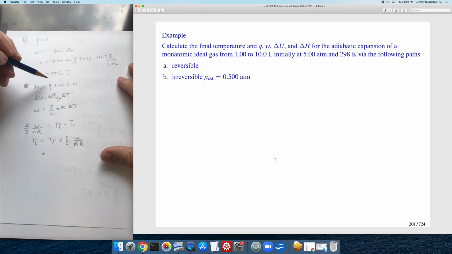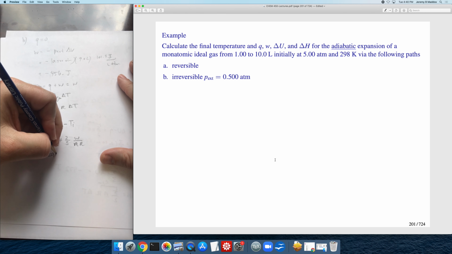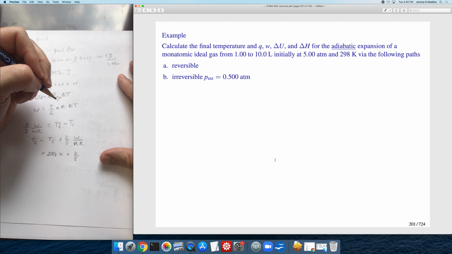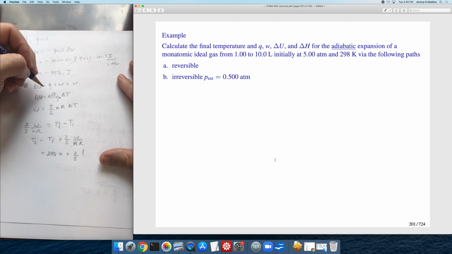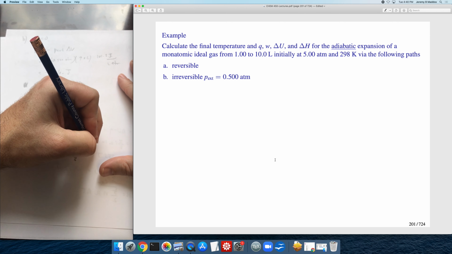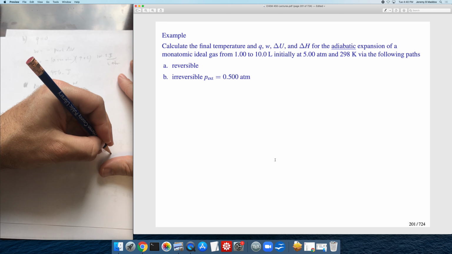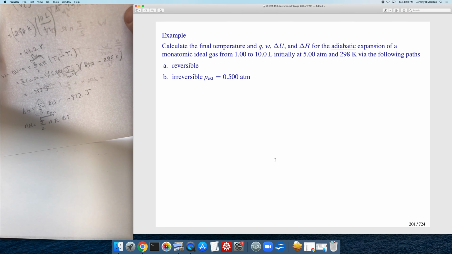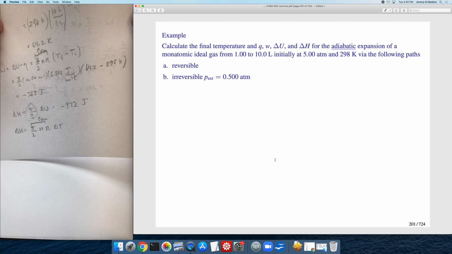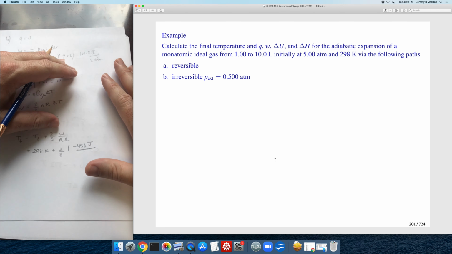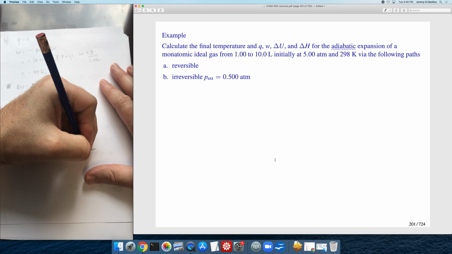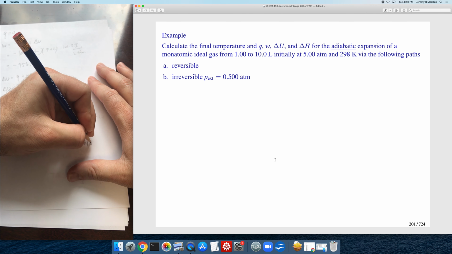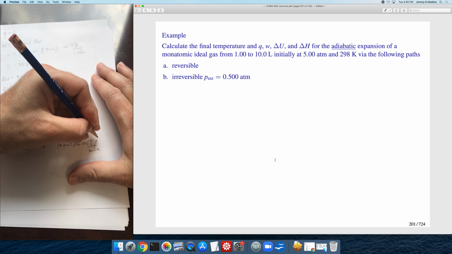So we'll take, our TI is 298 Kelvin. We've got the 2/3. The work is minus 456 joules. The number of moles of gas was, I believe, 0.2 moles, and we'll multiply that by 8.314 joules per mole Kelvin.